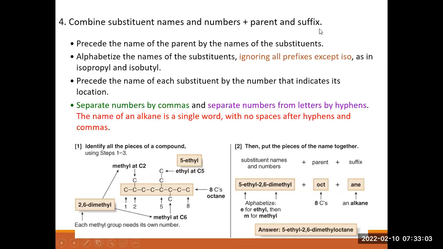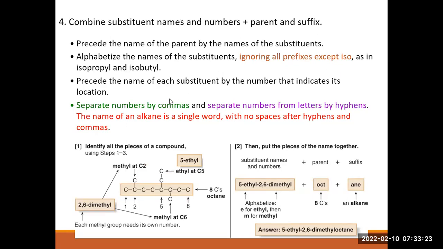And then, of course, combine substituents and numbers plus parent and suffix. Precede the name of the parent by the names of the substituents. Alphabetize the names of the substituents, ignoring all prefixes except iso, as in isobutyl.